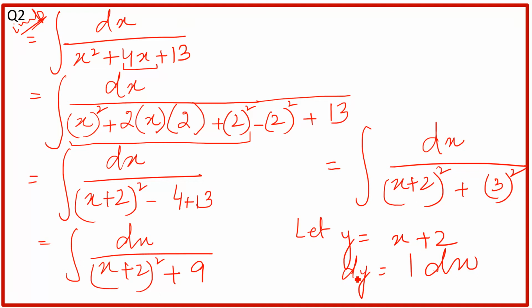Instead of 1 dx, I can write dy. Instead of x plus 2, I can write y. So it will be y square, because the value of y is only x plus 2. So it will be dy divided by y square plus 3 square.